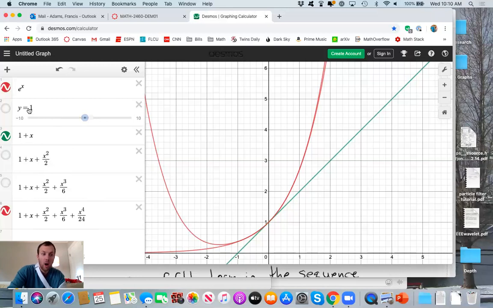We start with 1, then we add on a new term x, a new term x squared over 2, a new term x cubed over 6, a new term x to the 4th over 24. If we look at lists of this particular type, where you have something, then you add on something else, and then you add on a new something to that, and a new something onto the end of that, how can we tell what happens with those kinds of lists?